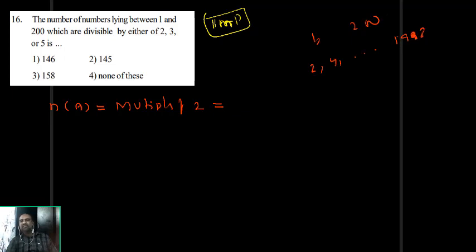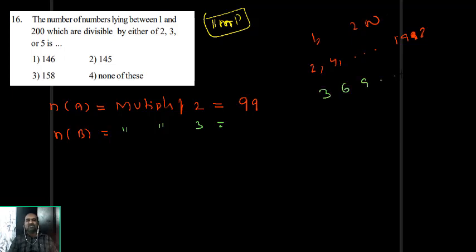How many are there? I can say 99. Next, n(B) equals multiples of 3: 3, 6, 9, and so on. What is the last one? I will take 200 only.